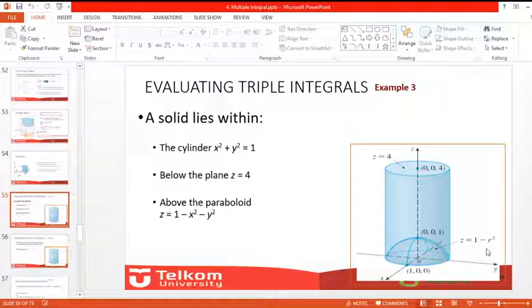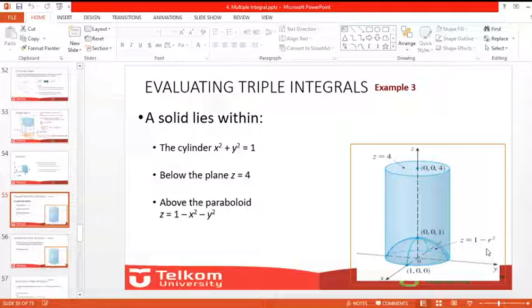For example, I have this condition: a cylinder x square plus y square equals 1, below it the plane z equals 4, and above it a paraboloid z equals 1 minus x square minus y square. My question is how we can determine the boundary.